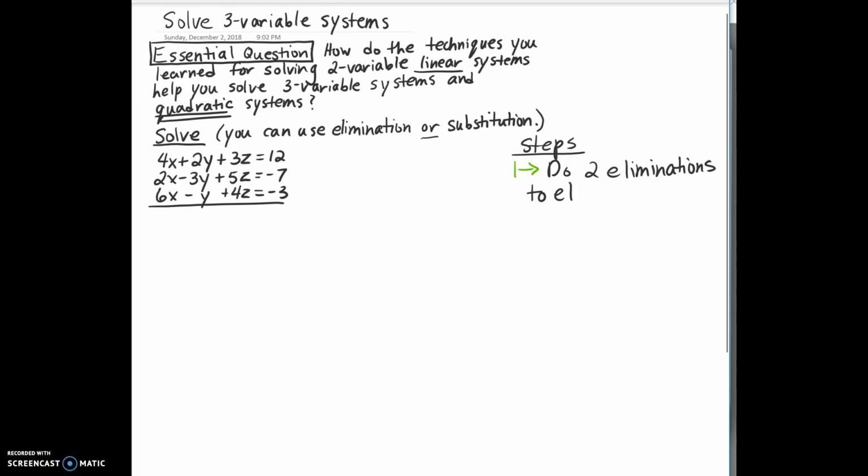To eliminate the same variable, and this is a very important component here. If you do 2 eliminations and you eliminate a different variable each time, you're not going to be able to do the second step.